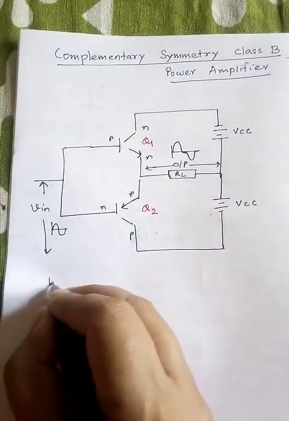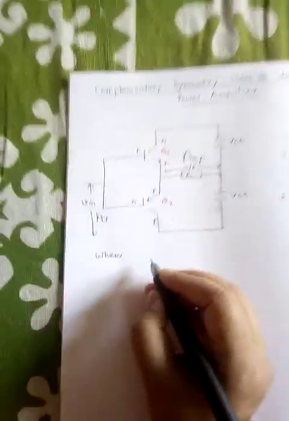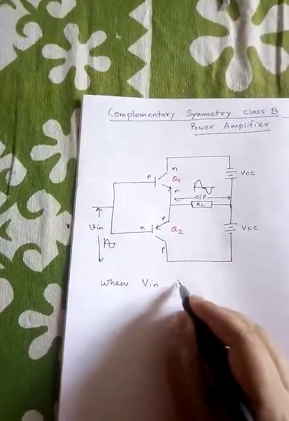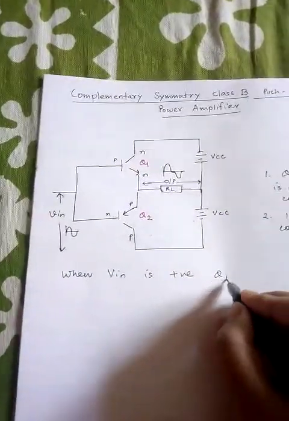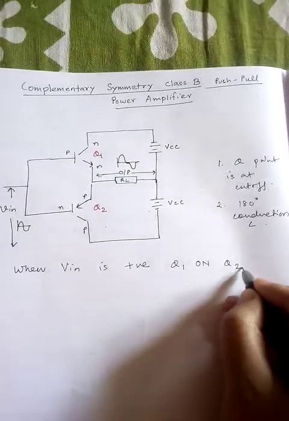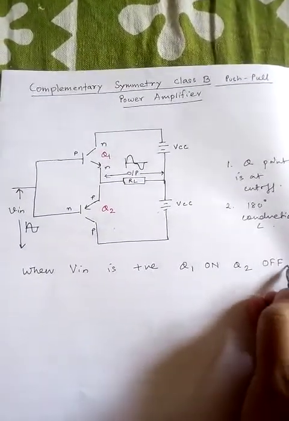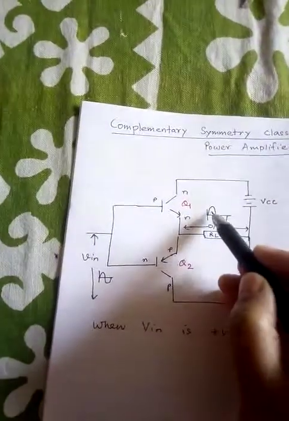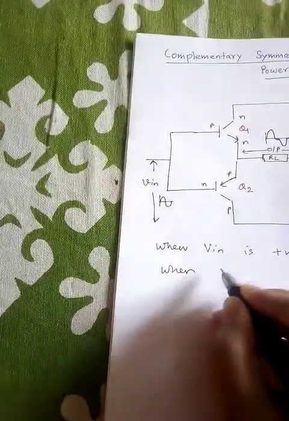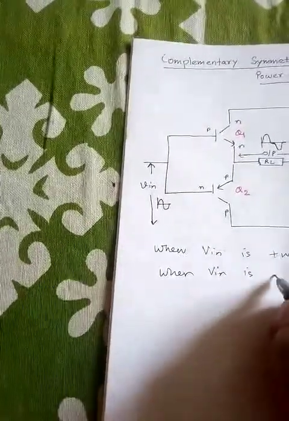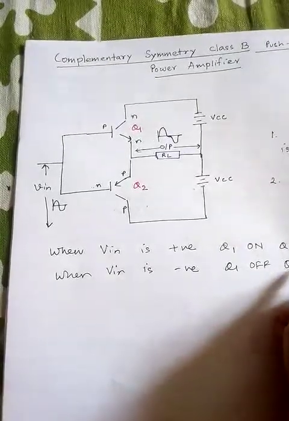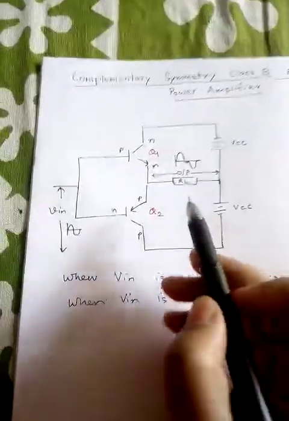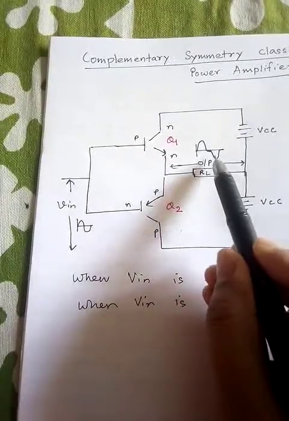When V in is positive, Q1 is on and Q2 is off, and we will get the positive half cycle at the output. When V in is negative, that is, for the negative half cycle, Q1 is off and Q2 is on, and therefore across the load we will get the negative half cycle.